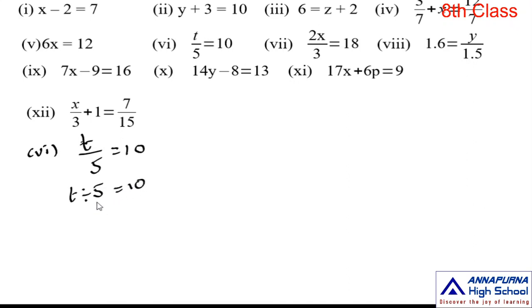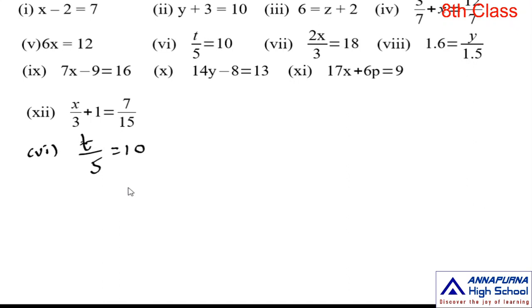That means 5 divides t. So when you transpose this division to the right side, it changes to multiplication. Actually, no need to write this step. Directly you can transpose this denominator to the right side. Here you simply remember that 5 is in the denominator.